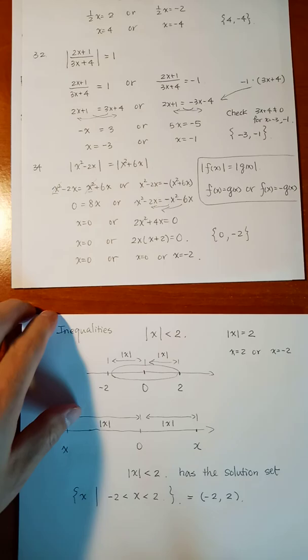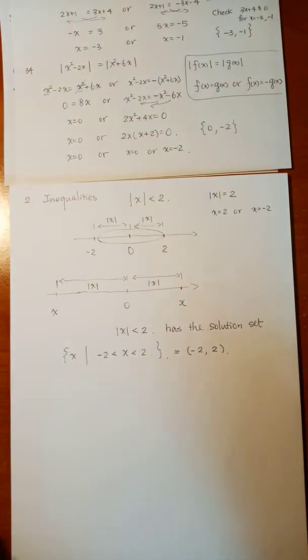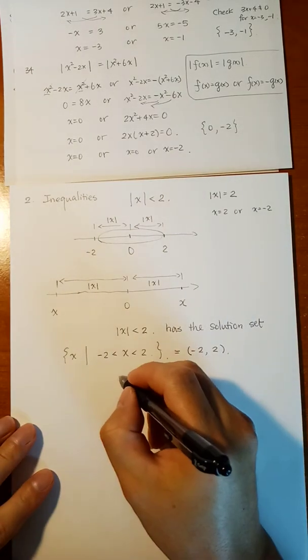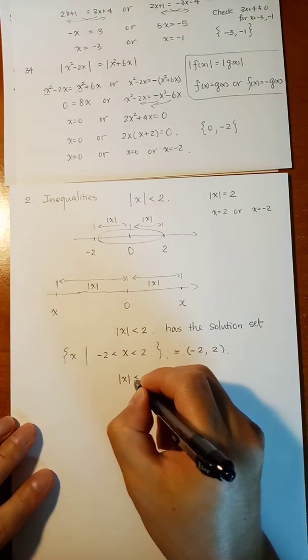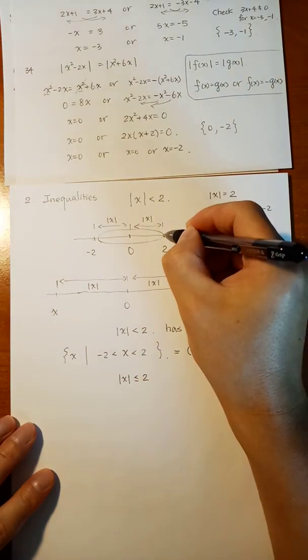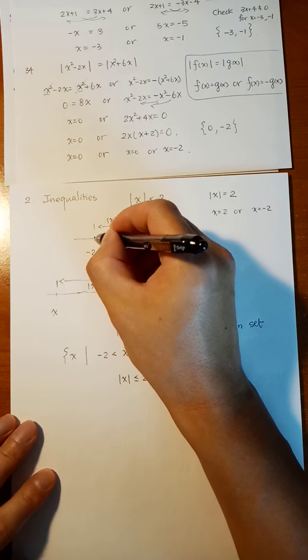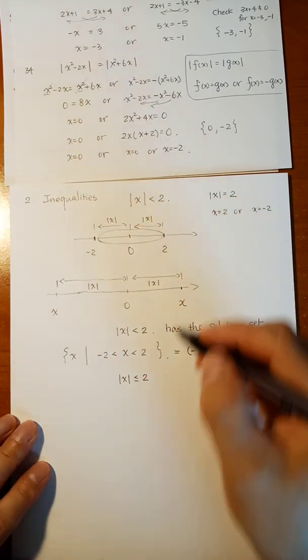Okay? So if you have an equal sign, it means it could be 2. The distance could be 2, which means we should include those two endpoints.